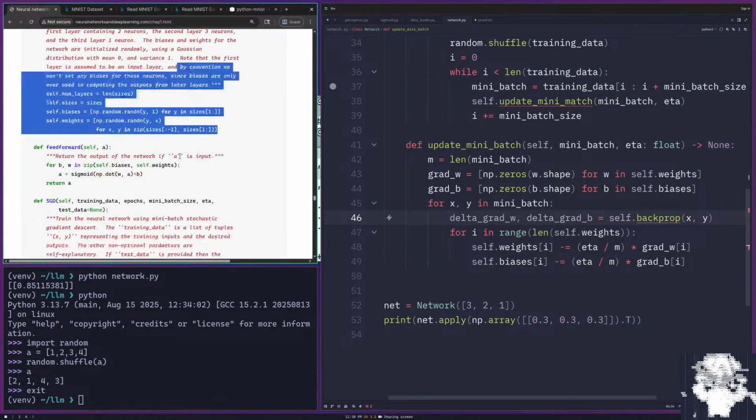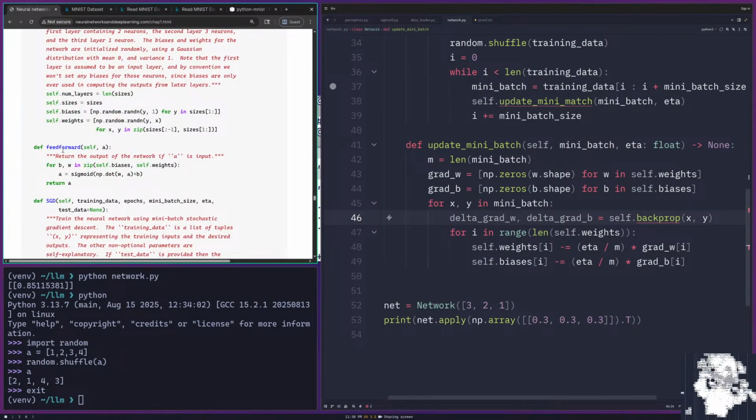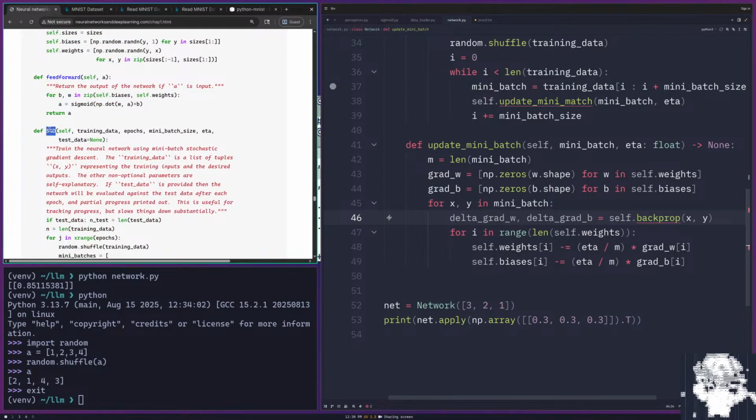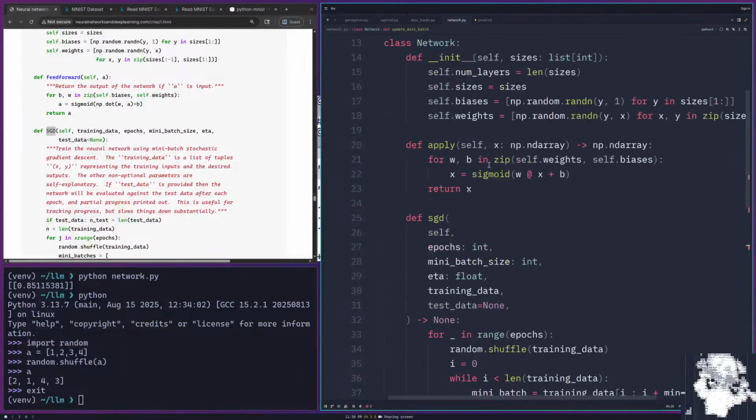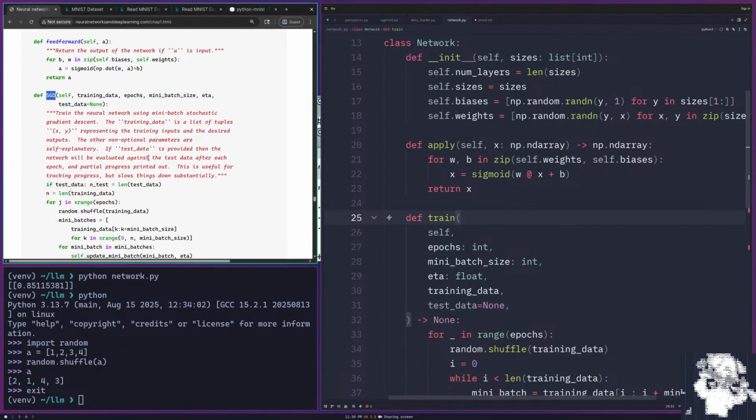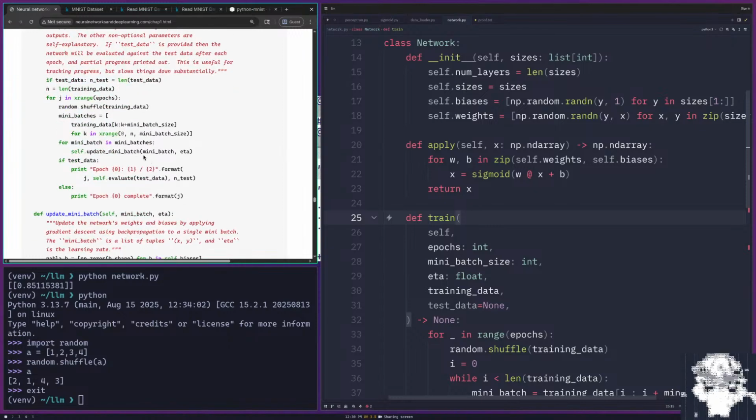Okay, so initializing the network. Feed forward, we called that apply. SGD, we called it SGD. I'm actually going to call it train. They're doing the random shuffle just like we are.